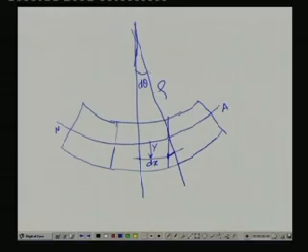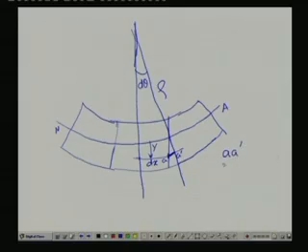So, obviously, what is the length of this particular elongation? Suppose this was a, now it has come down to a dash, then the length of this particular segment as increment is a dash, and what is the original length?